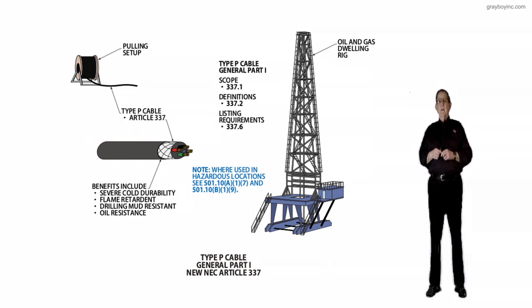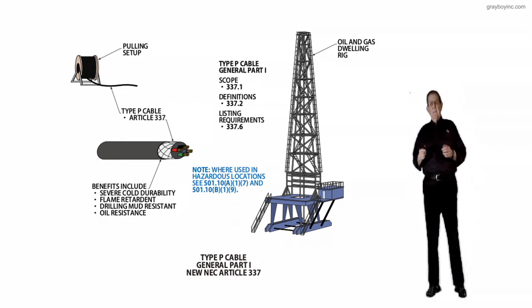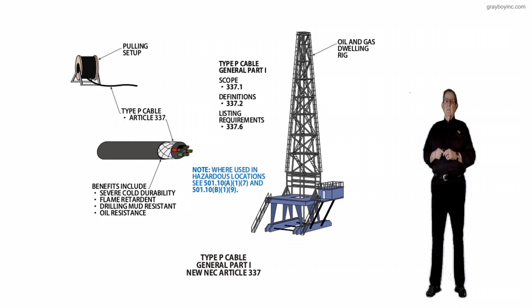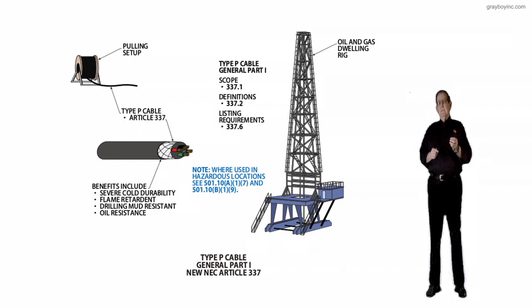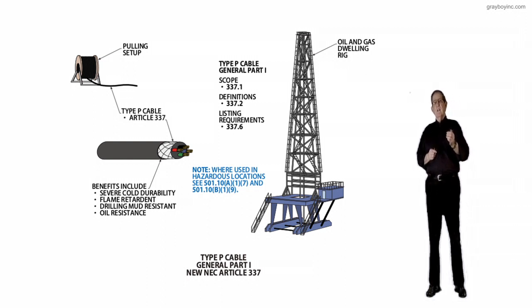Now, one of the reminders I would point out to you is that before the 2017 edition of the NEC, 500.2 contained the definitions that we use in hazardous classified locations.